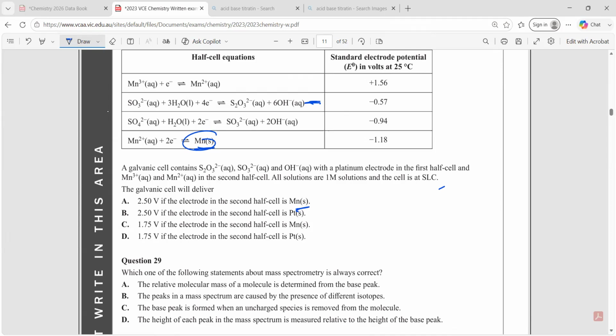So then suddenly it would be these two that are reacting, right? Because we do have SO3 minus ions. And we already have Mn2 plus ions, and then Mn3 plus ions can just be there chilling. So if the second half cell has the manganese, then it would be 1.56 minus 1.18.